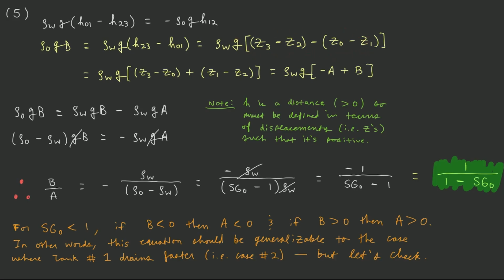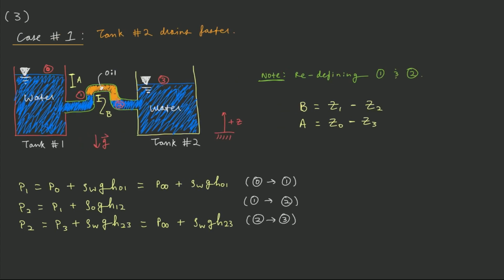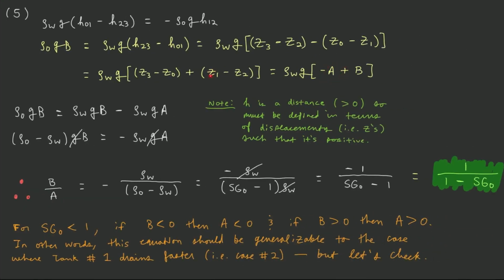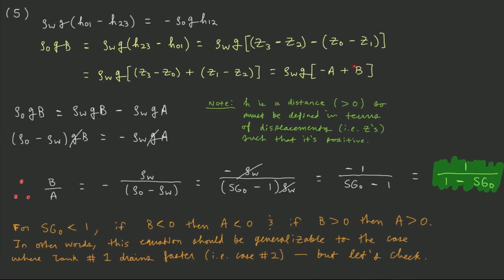Now we're just simplifying this expression. Well, if we distribute this negative sign and then simplify, what we end up getting is rho w times g times this quantity right here. This z3 minus z0 we get from that simplification is just negative A, as you see here. So that's where we get that negative A. z1 minus z2, well, that's just definitionally B. So that's where we get that B right there.